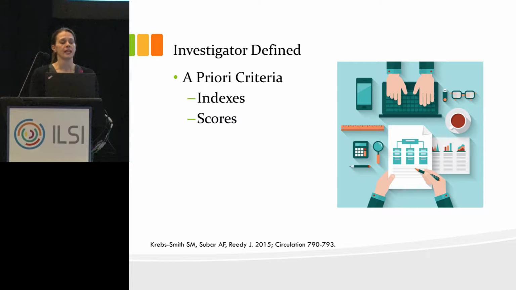So in investigator-defined methods, we compare self-reported dietary intakes to some sort of criteria, whether that be an index or a score, so the Healthy Eating Index or the Mediterranean Diet Score. That's not necessarily a pattern, it's how well something adheres to a predefined ideal system. So these are good tools at looking at how diets measure up, but they're not necessarily patterns per se.